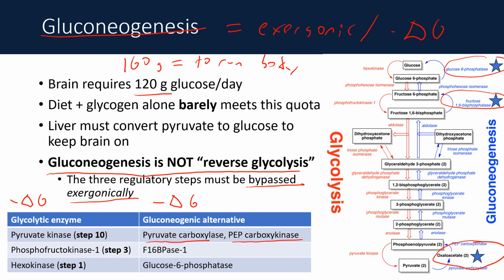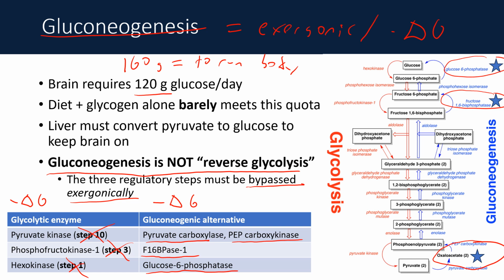Both of these enzymes are going to replace step 10 of glycolysis. To replace the third step, the PFK gatekeeper of glycolysis, we are going to use F16BPase. And step 1, the last gatekeeper we have to bypass, is going to be catalyzed by glucose 6-phosphatase.